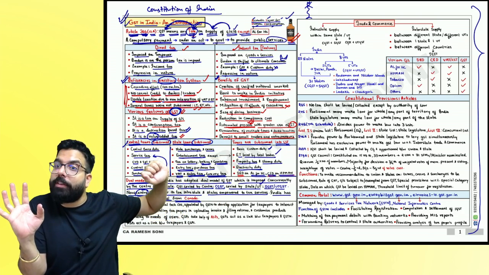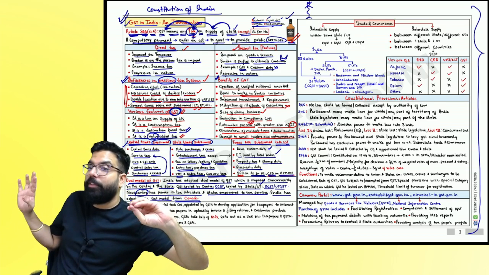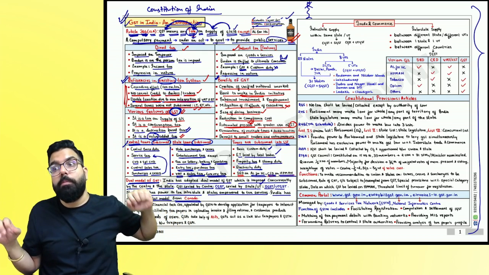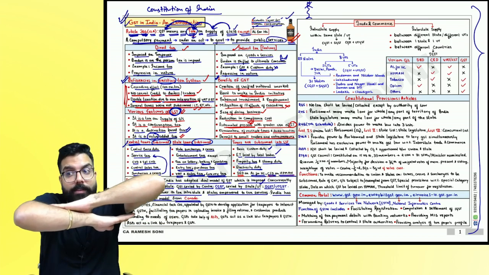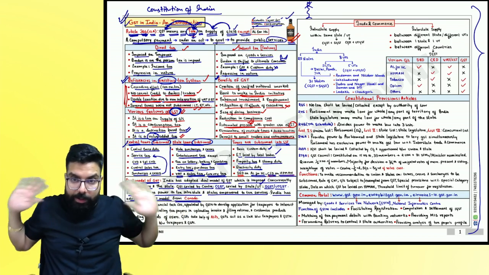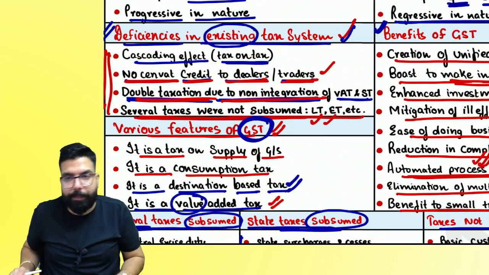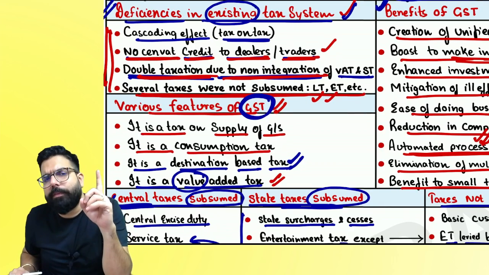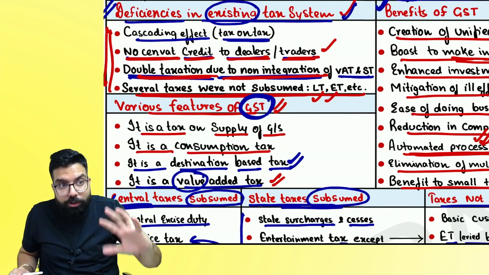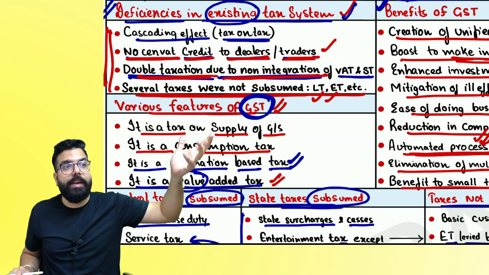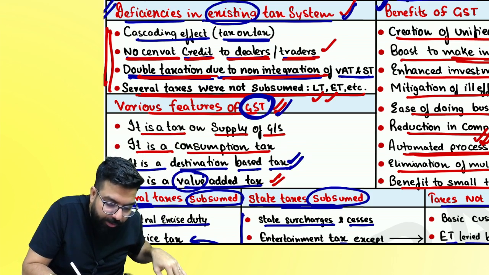Direct tax is income tax. Indirect tax is GST. Direct tax is progressive. Indirect tax is the same for all. Then we learned about the deficiencies of the earlier tax system. The main deficiency was tax on tax. Because of tax on tax, everything was becoming expensive, and that is why they introduced GST.